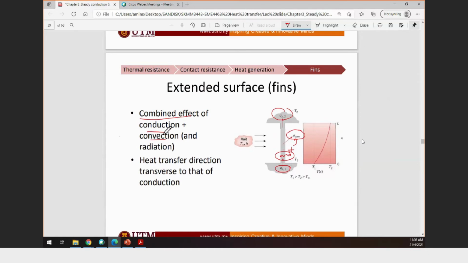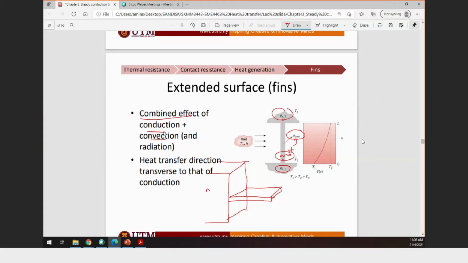Well, this is another type of fin. The most simple idea is that if we want to extend the heat transfer from a particular surface, let's say this is the surface that you want to cool down, you might introduce another surface with this main surface.